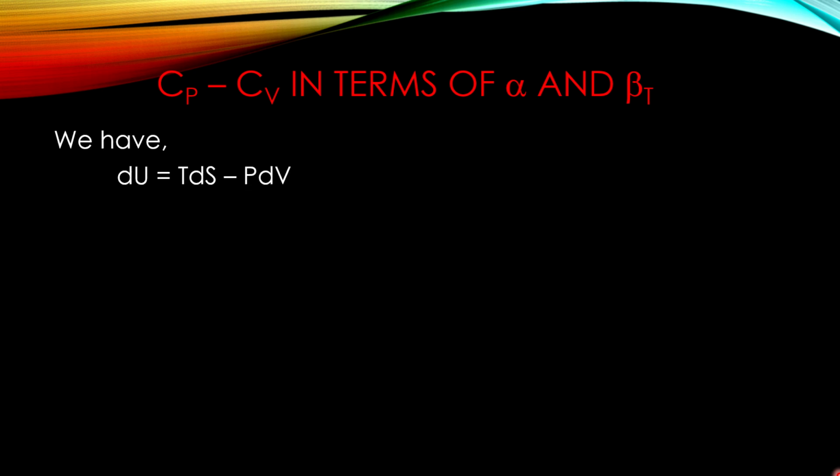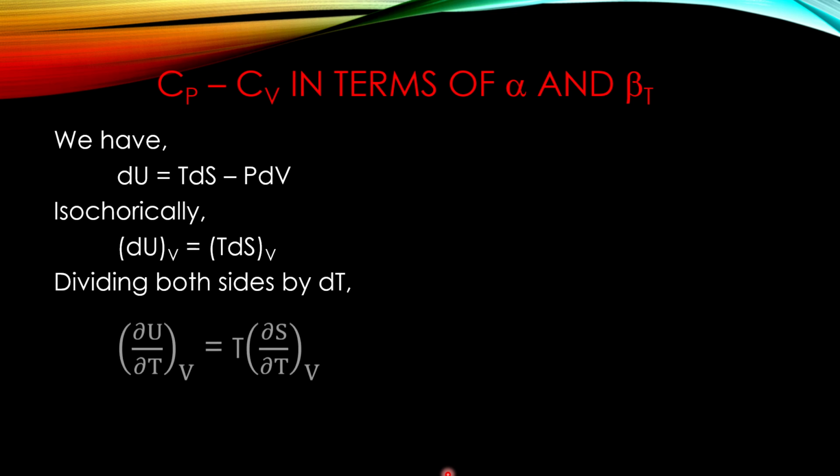We have the fundamental thermodynamic equation, dU equals TdS minus PdV. Now, if this volume is kept constant, then this term would vanish, and isochorically dU at constant volume must be equal to TdS at constant volume. Now, if we divide both sides by dT, then it looks like this.